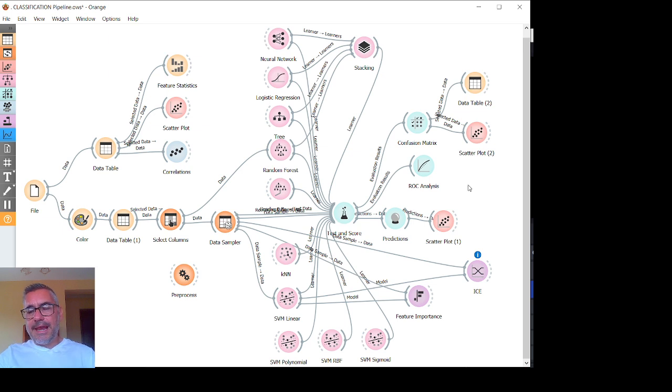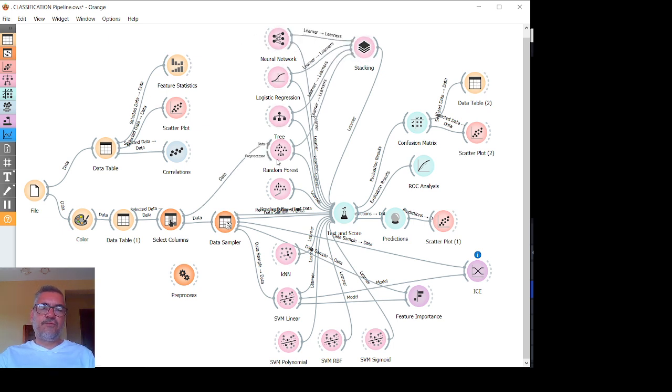What else is left here? I have this stacking algorithm. Here you can read about stacking algorithms. Basically, they take the decisions, the forecasts, from the four machine learning algorithms I connected the stacking algorithm to.